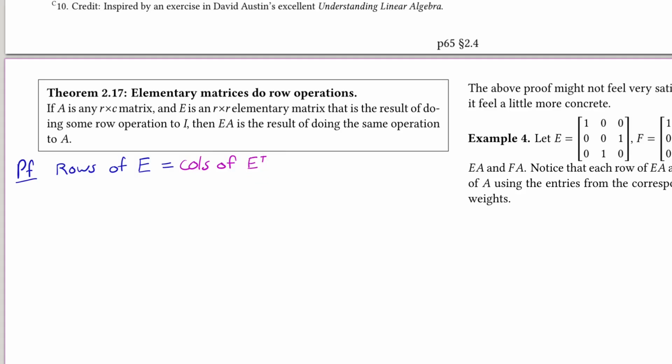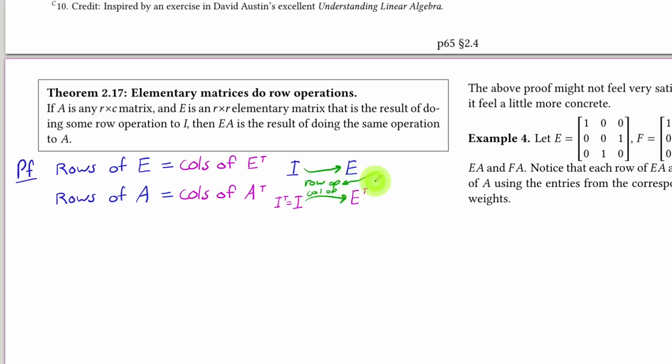And same thing with A. And because of this thing with E and E transpose, we can say whatever row operation turns the rows of the identity matrix into E, that's basically the same thing as the column operation that turns I transpose, which is the same thing as I, into E transpose. It's really the same operation.